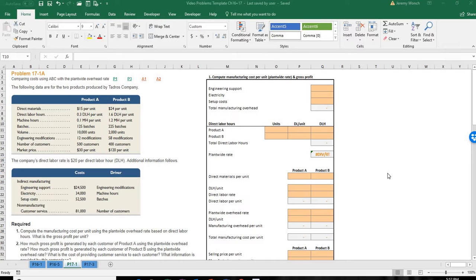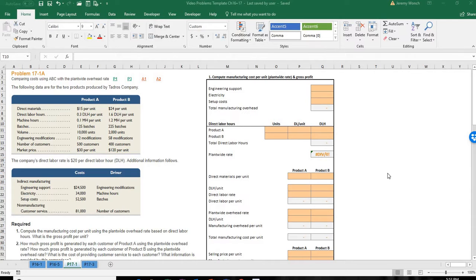However, what ABC costing does is, instead of lumping all your overhead into one bucket, it looks at them as individual costs and breaks them out and says, maybe it doesn't make sense to use one driver, such as direct labor hours, to allocate all these different costs.